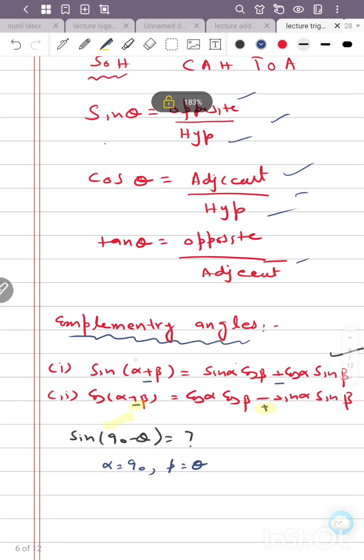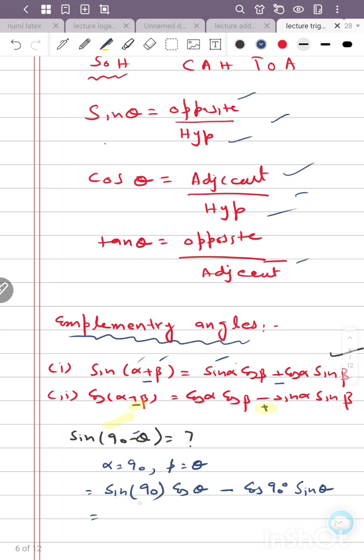The first angle is alpha, the second angle is beta. Now look at this one, sine alpha, what is alpha? Alpha is 90 degrees. Now cos beta means theta, and there is a negative sign, so it will also be negative. The first term here is minus cos 90 degrees and sine theta.